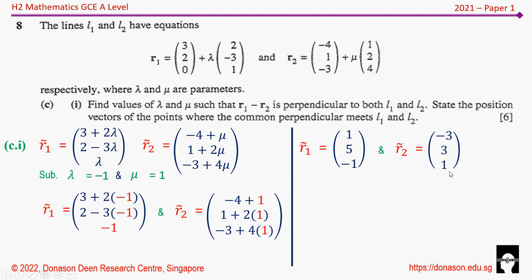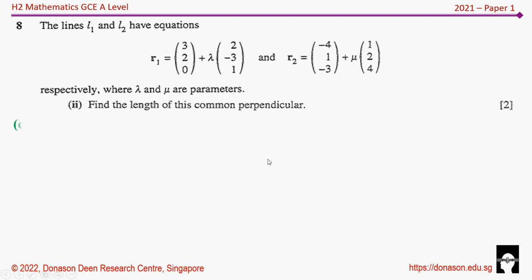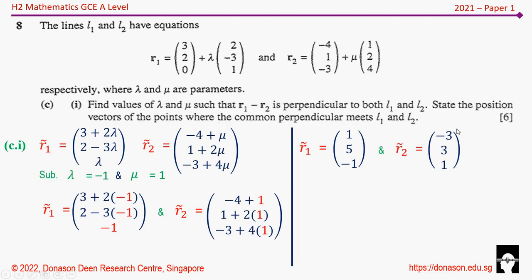So -3, 3, 1 is the value of your R2. So that is your answer to state the position vectors of the points where the common perpendicular meets the lines L1 and L2. You just find the position vectors of the points R1 and R2.